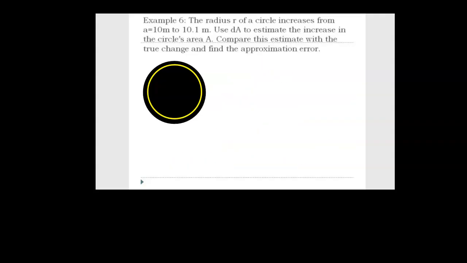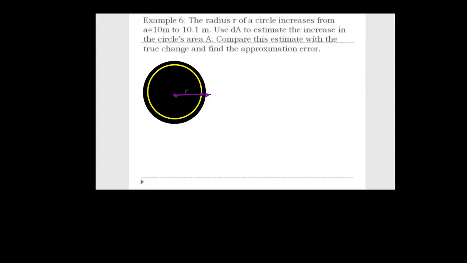So if you have the radius of a circle increasing from 10 meters to 10.1, so again, here's the radius of the first one. Here's the new radius out to 10.1. How much has the circle changed?